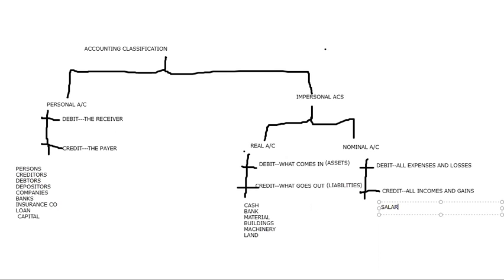Such as salaries, wages, carriage, freight, then what else we are going to have: interest, then discount. So these are all the things.